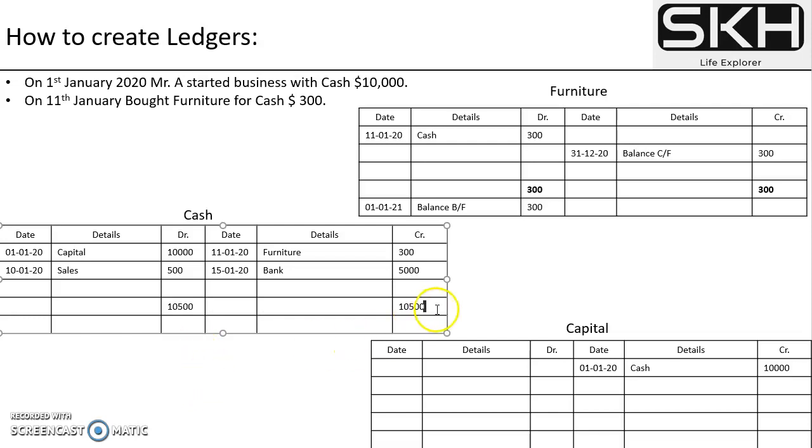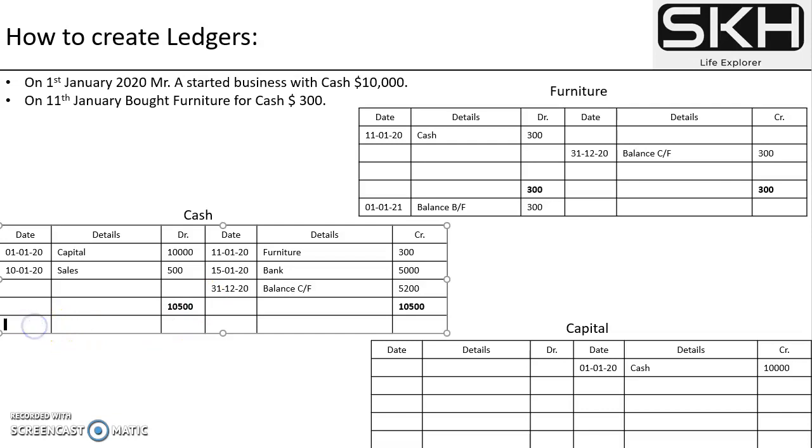So first step, you write the bigger amount on both columns. Now subtract the smaller side. So 10,500 minus 5,000 minus 300. So the balance is 5,200, and that will come here, 5,200. This happened on 31st December 2020, and this balance is called balance CF.